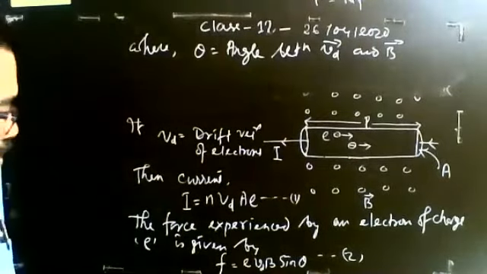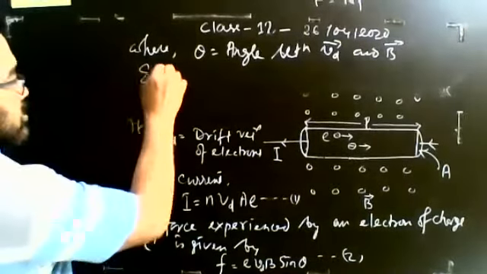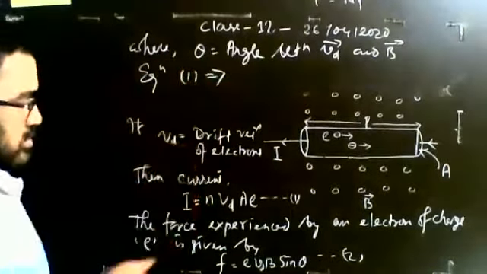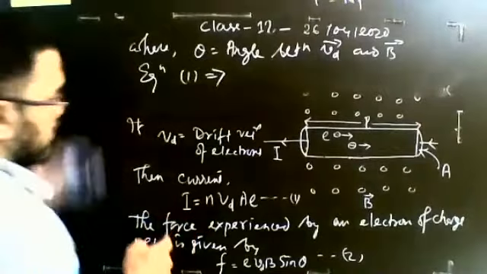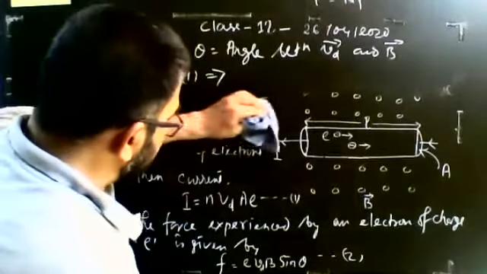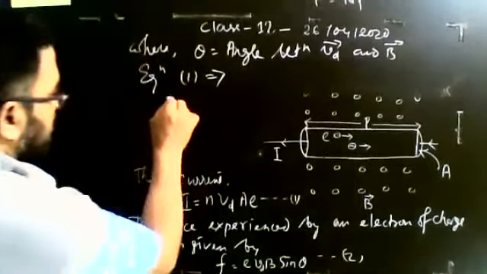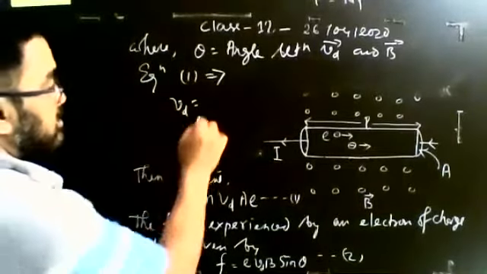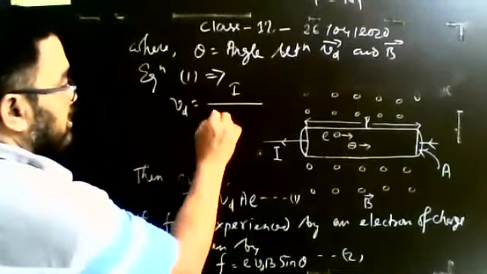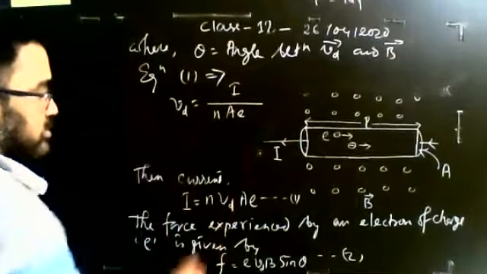Now, equation 1 gives Vd as I / (n A e), right?